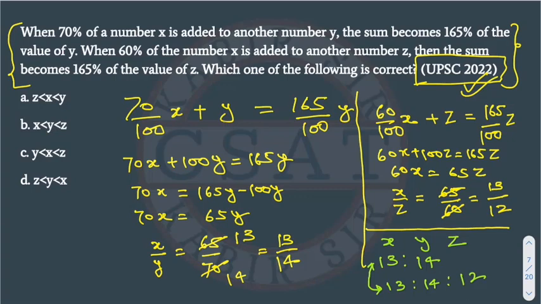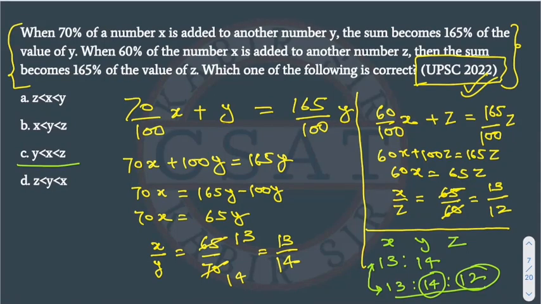So it will become like this. Okay, so now here we can see the largest number is 14, which is y, and the smallest is z, right? So from here we can see y is greatest, then x, and the smallest is z.